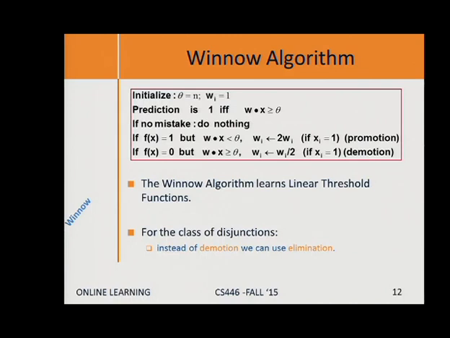Again, the scenario is the following. I know that it's a negative example, but my current hypothesis thought it's a positive example. I exceeded the threshold. I'm claiming that a way to update the corresponding weight is, if xi is 1, if the feature is on, I can just replace wi by 0.